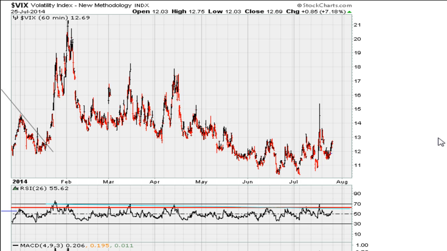The strongest argument I have for why the market is safe in terms of this bullish trend is because if you take a look at the VIX, there's no buy signal on the VIX. This is the VIX hourly, and you can see it's been finding resistance on this line, and that resistance was here a couple days ago, even about 2 weeks ago.